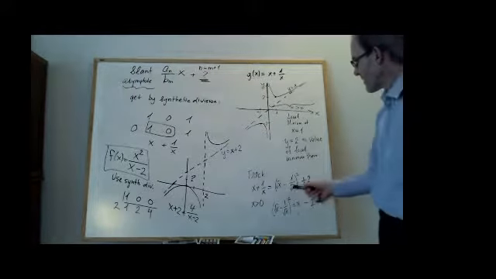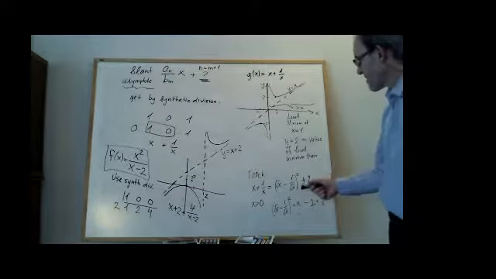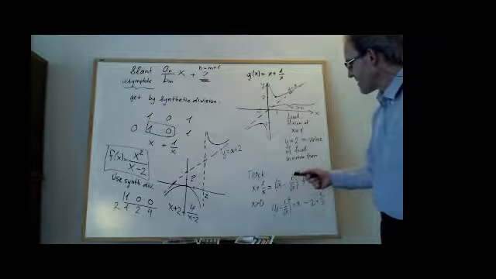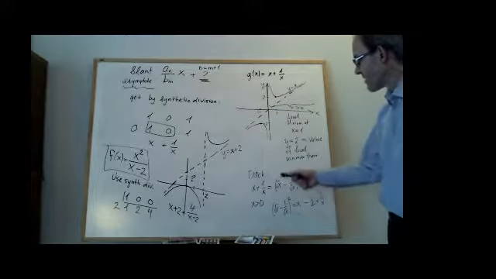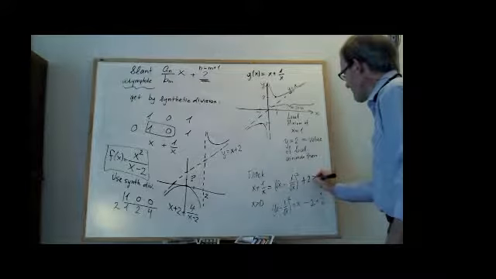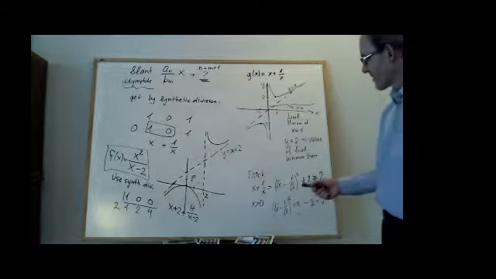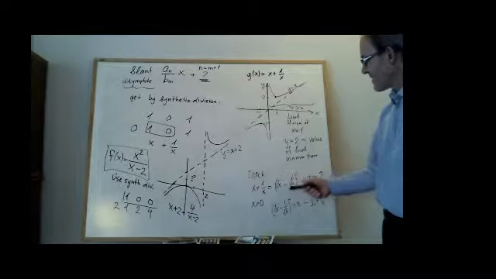Now what's the use of doing that? Well now I've shown, since this is a number squared, this part is always positive, or 0. So I can say that this is greater than or equal to 2. And furthermore, when is this equal to 0?